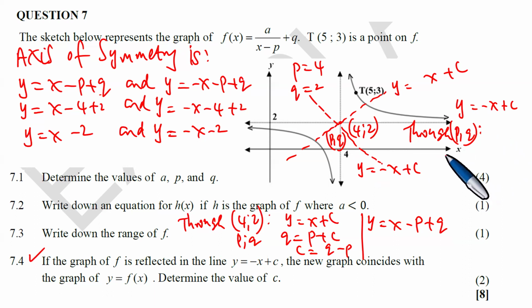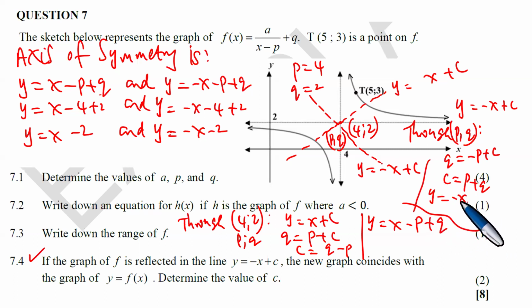So this is X and Y, and then Y is Q minus P plus this, which means C is P plus Q. The negative slope version is going to be Y equals minus X plus C, where C is P plus Q. You can use something like this.